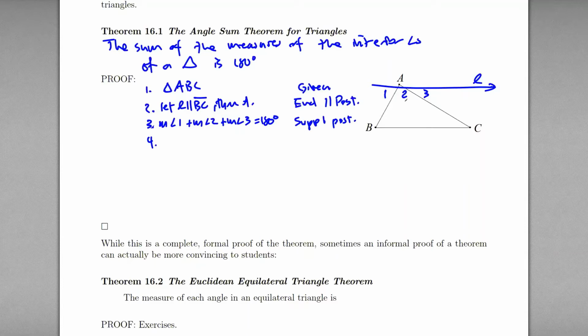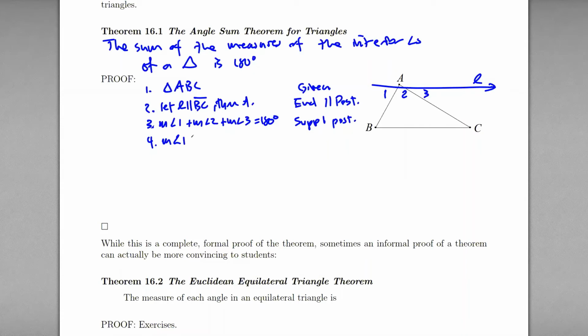Excellent. But the previous section gave us that angle 1 and angle B are equal to each other, because when we have parallel lines, the alternate interior angles are congruent. And angle 3 is congruent to angle C. Actually, why don't we back this up and use measures here, because we really want to use some substitutions in this equation.